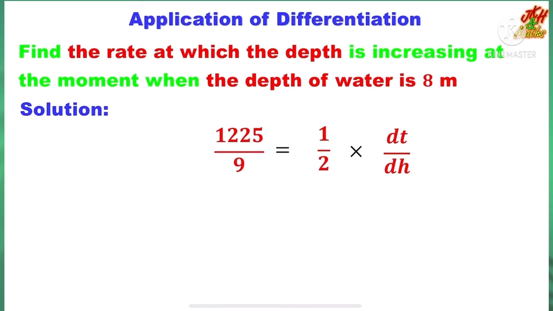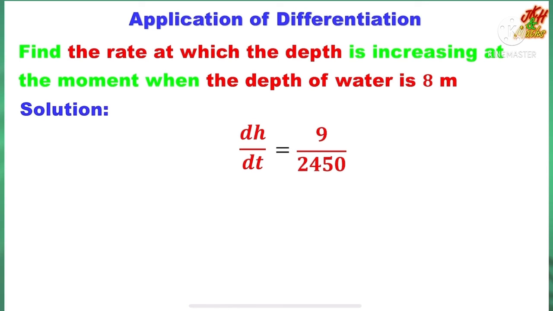So by multiplying both sides of the equation with dh/dt and multiplying both sides with 9/(1225π), giving us the answer dh/dt is equal to 1/2 times 9/(1225π). By simplifying the expression on the right hand side, we have 9/(2450π) meter per minute.